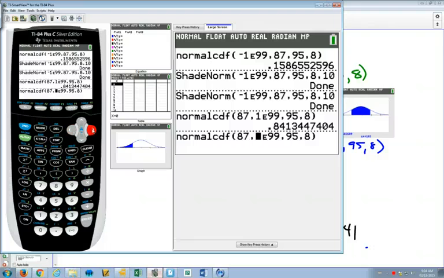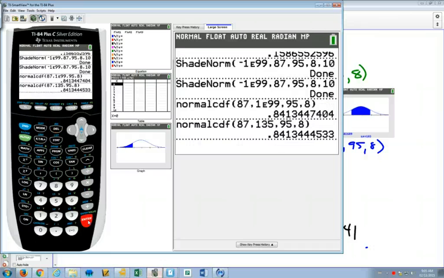So even if I went up to 135 instead of an infinite number, look how much the percentage is different. It's not until we go to 7 decimal places that it's actually different. And if we're doing things to 3 sig figs, our answer there would still be really, really accurate.